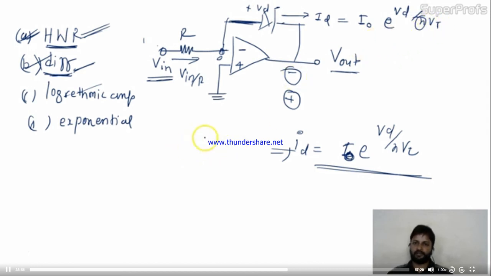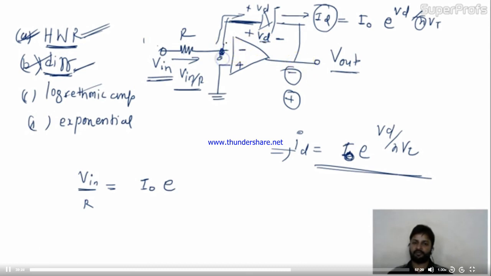Okay, friends. So what is ID over here? This V in by R current will come into this, and this is nothing but the ID itself. So V in by R is the ID. This will be equal to I naught e to the power Vd, the voltage across the diode. If you follow this loop mesh, you will get the voltage relation between Vd and V naught.